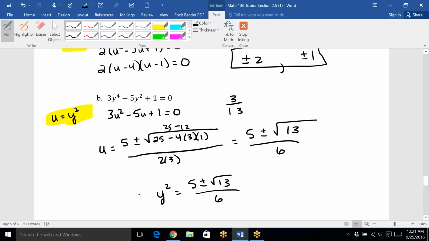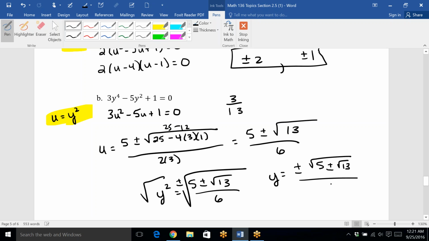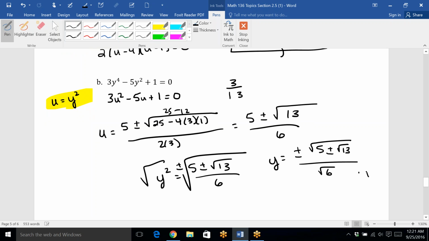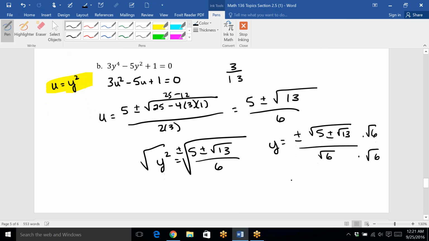And because this is squared, we need to now take a square root, so this is going to be plus or minus. So y equals plus or minus the square root of 5 plus or minus the square root of 13, over the square root of 6. We would want to rationalize that. So multiply the top and bottom by the square root of 6. So that would make y equals plus or minus, that would be 30 plus or minus 6 on the square root of 13.